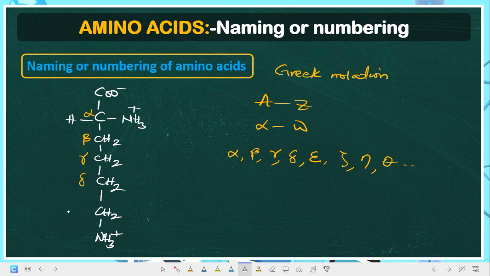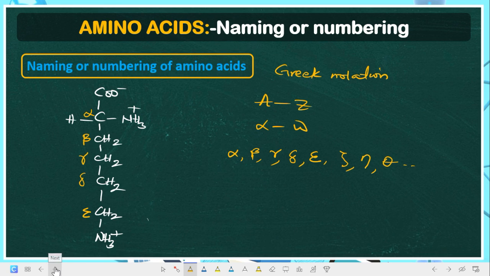Now, after the gamma, what are we going to have here? After delta, we have the epsilon, which is represented with E. So this is how to number the amino acid. If you are given any amino acid to number, you follow this precept, which is the Greek notation. So that is that for the numbering.